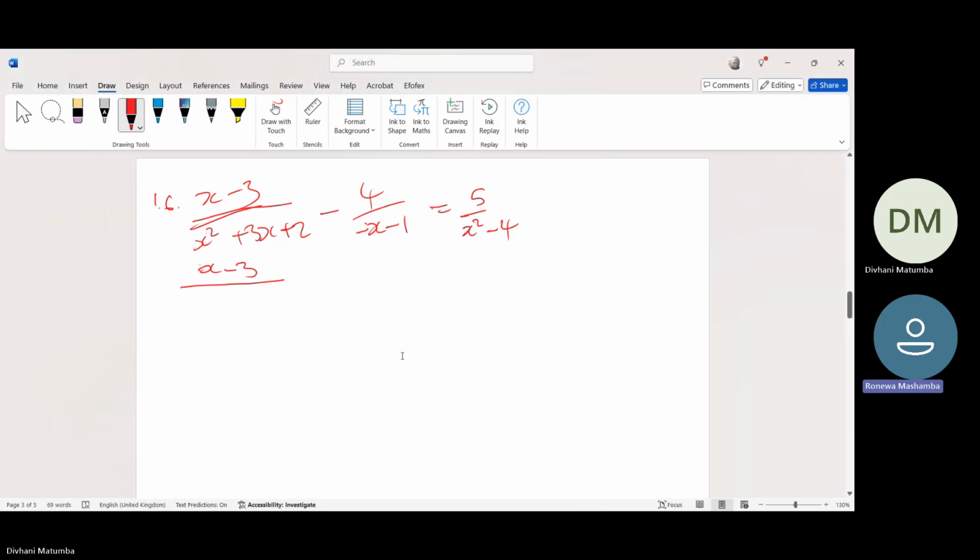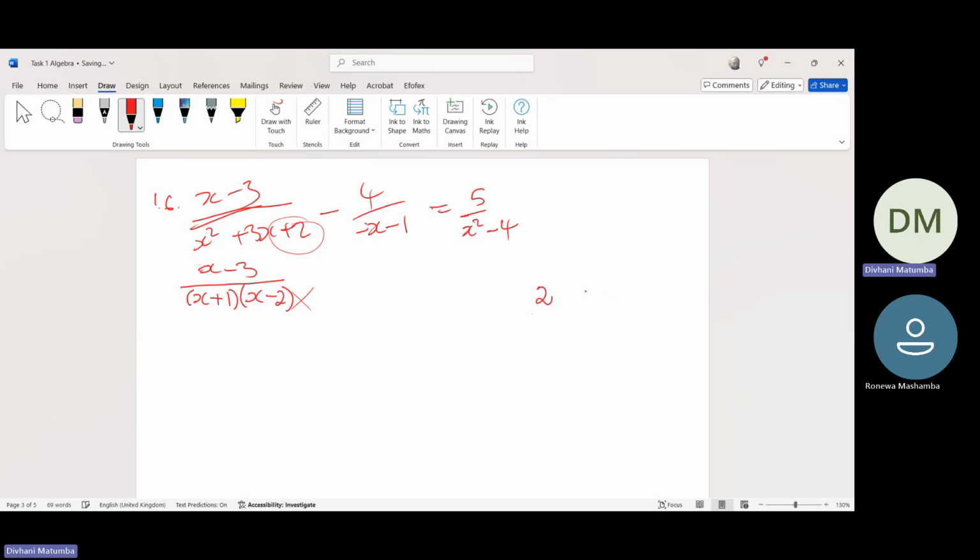Could it not be x plus 1 and x minus 2? That's incorrect. Now, how do we factorize this kind of expression? You must consider the last term, 2, and break it down into factors.